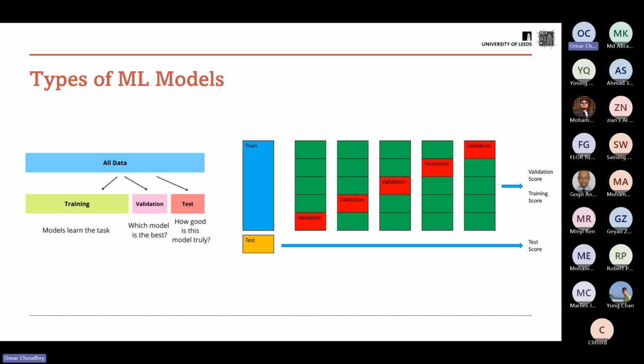And the reason why we have this validation set, this other set in the middle, is because we're working with large amounts of data which have different features and different categories of data, and we want our model to be really good on all of them.